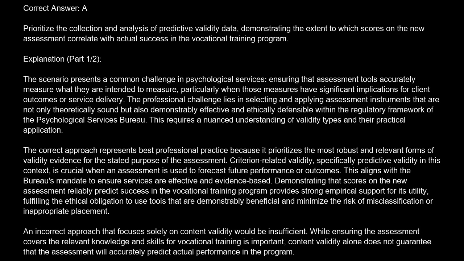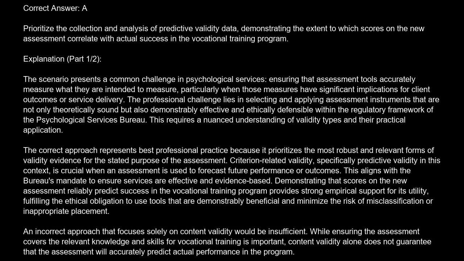The correct answer is A. Prioritize the collection and analysis of predictive validity data, demonstrating the extent to which scores on the new assessment correlate with actual success in the vocational training program. Explanation: the scenario presents a common challenge in psychological services, ensuring that assessment tools accurately measure what they are intended to measure, particularly when those measures have significant implications for client outcomes or service delivery.